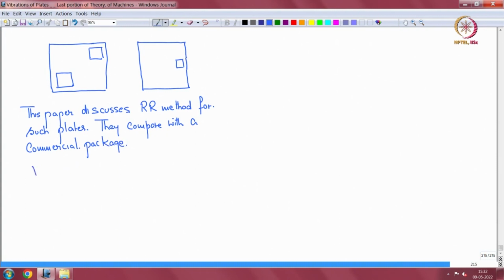You compute your maximum strain energy over the plate. Let us say the alpha 3 part is done. Then what you do is you actually compute this strain energy over the material.